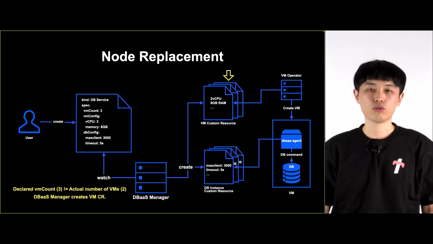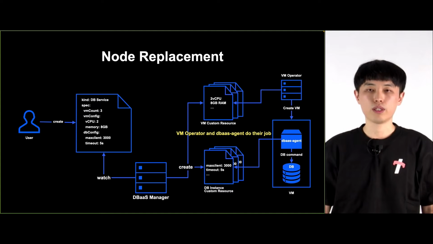The DBaaS manager senses that there are only 2 VM custom resources, and so a new VM custom resource is generated. And the VM operator senses that the VM custom resource was generated, a new VM is generated, and the DBaaS agent will be notified. This is the same as before. The DBaaS agent will check the custom resource of the DB instance and send the local DB the orders to synchronize the data, and this is how the node is replaced.